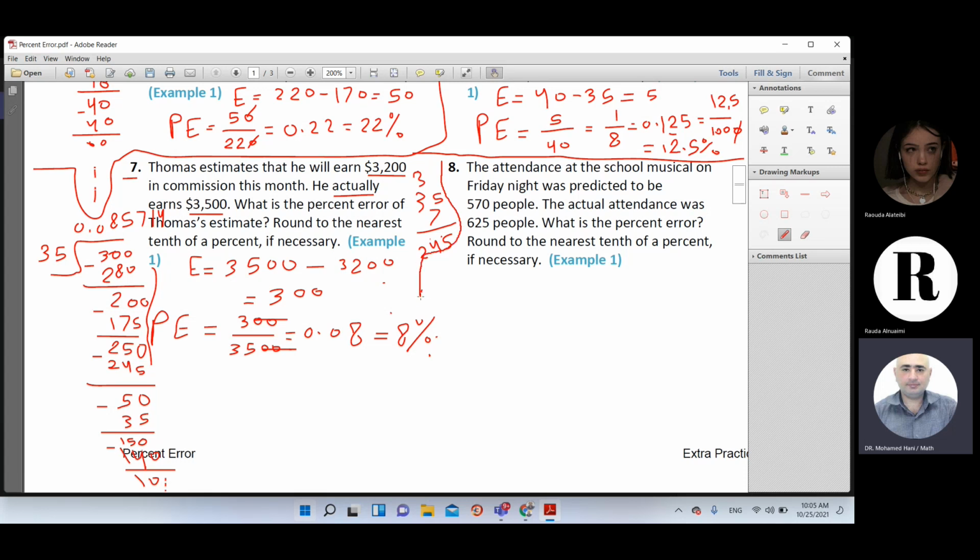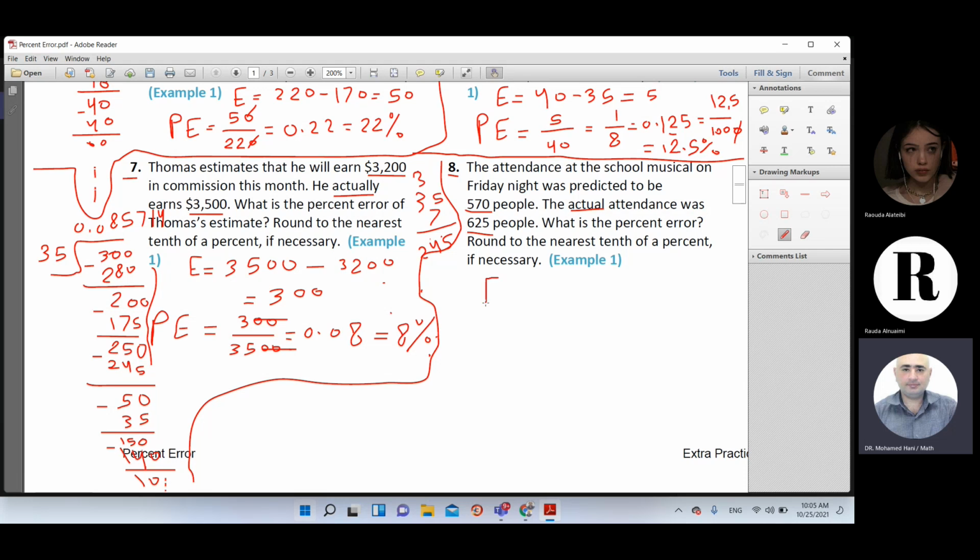Moza, please, can you read exercise number 8? Thank you. So as you see here, we have two values, 570 and 625. The second value is set before this value, actual. So this is more real.